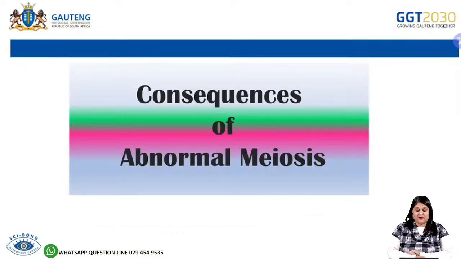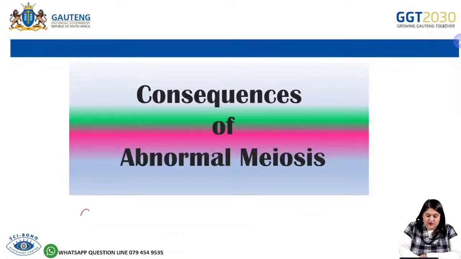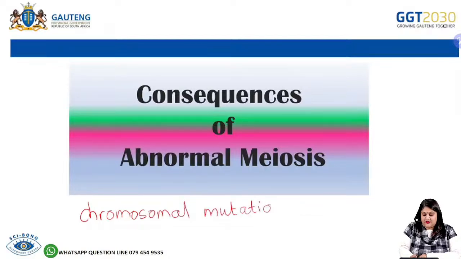Right, now we go to the abnormal meiosis. Now what I'm talking about here, what does it mean when we talk about abnormal meiosis? What we're talking about here is chromosomal mutations that can occur. Chromosomal mutation, okay, and you'll see some sources also call it aberration.